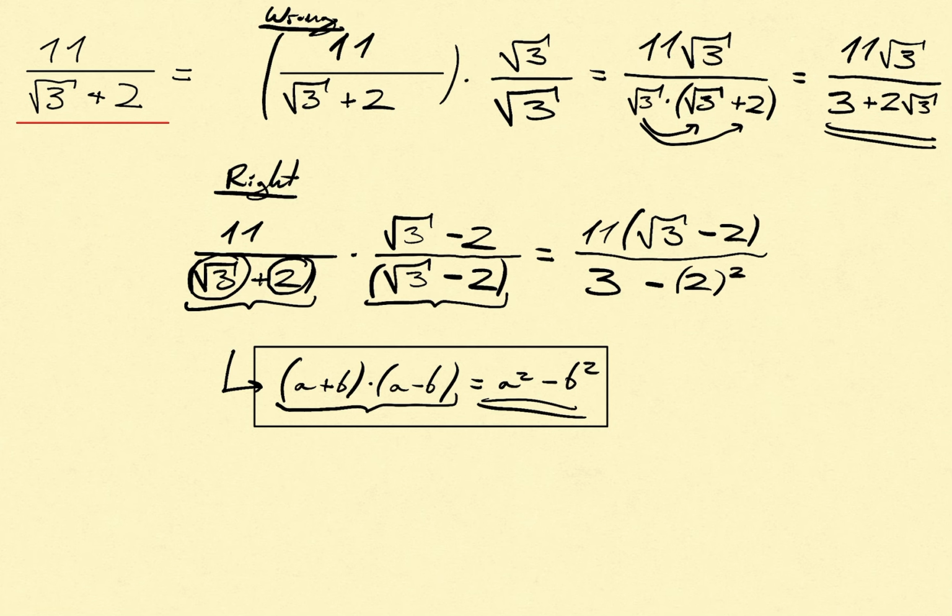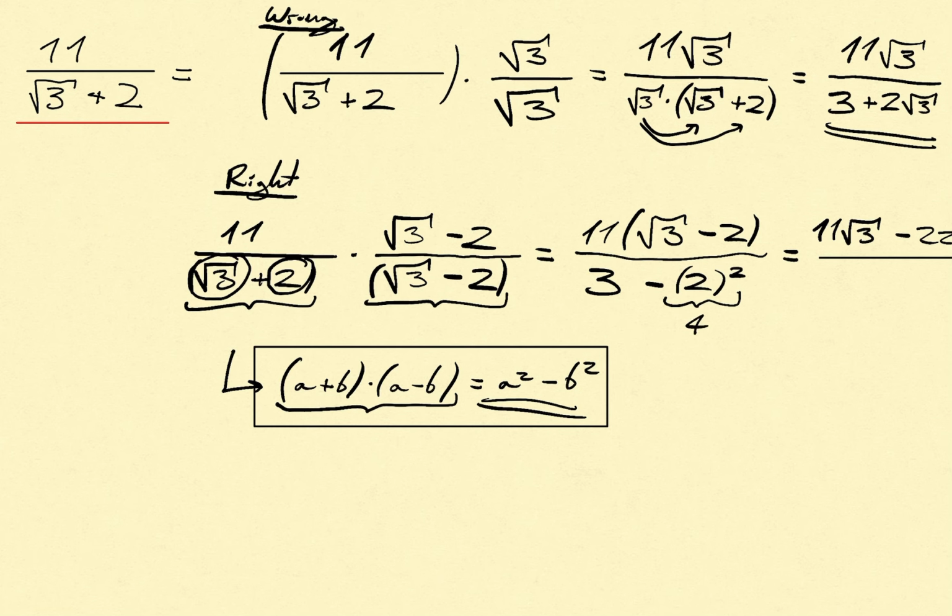So what we'll get here is 11 times square root of 3, so 11 square root of 3, just like this. And then 11 times minus 2, which will be minus 22. And then all of this divided by 3 minus 2 squared, which is 4.